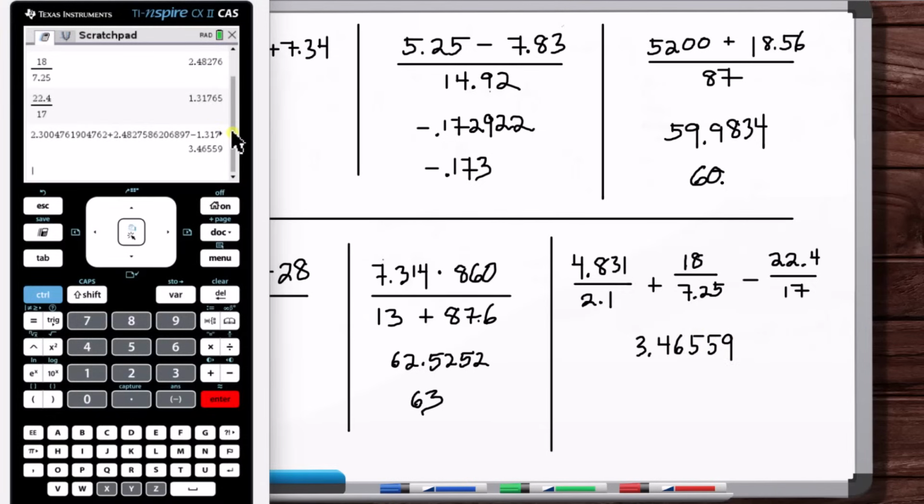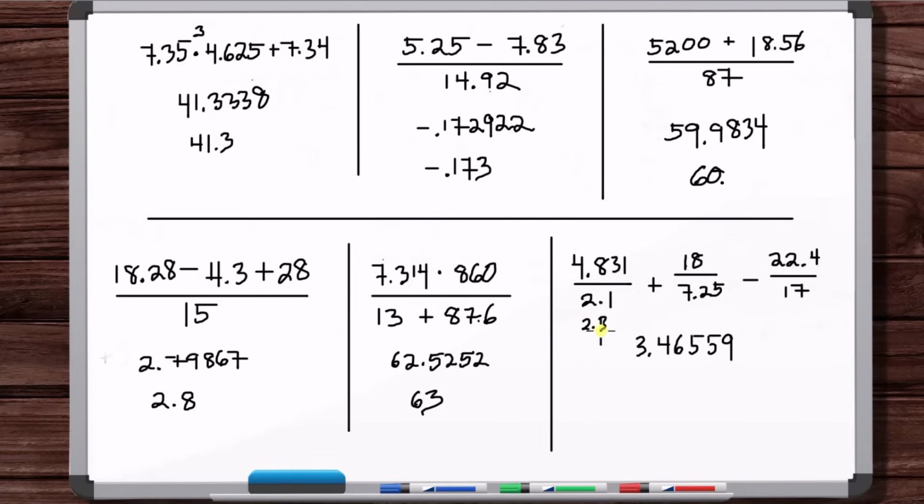Okay, now we come back and, okay, we're going to have to write this out. So we did this 4.831 divided by 2.1. You keep 2 significant digits, so this is going to be kind of like a 2.3. All right, let's just put that, but we're really adding the full number, but let's just imagine this for the sake of significant digits.